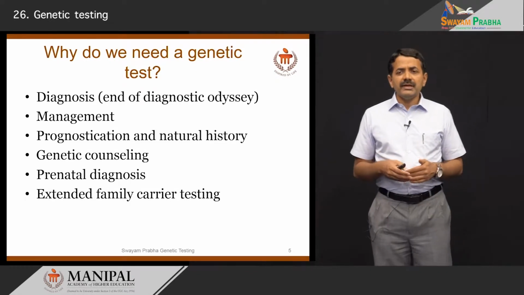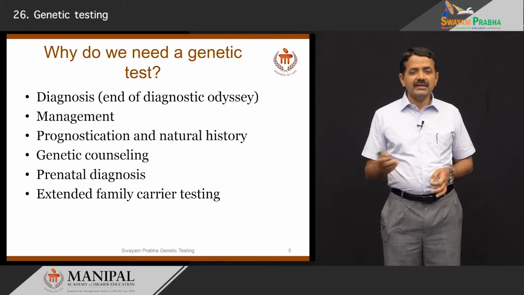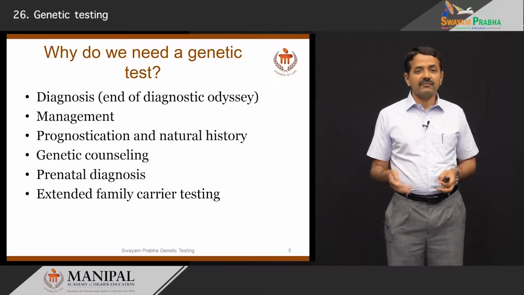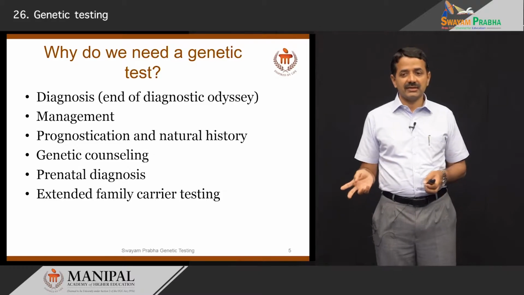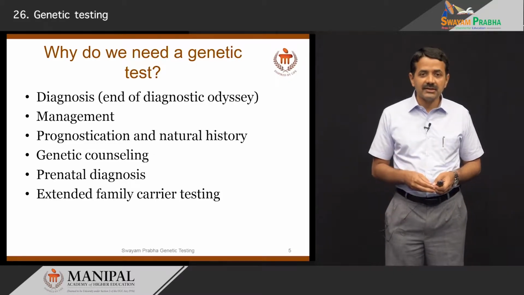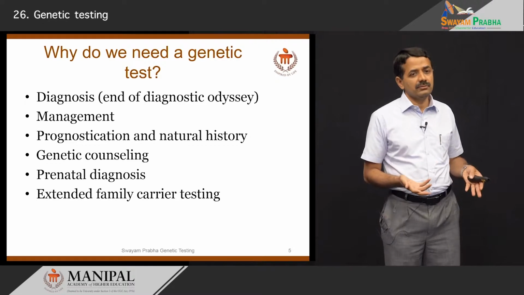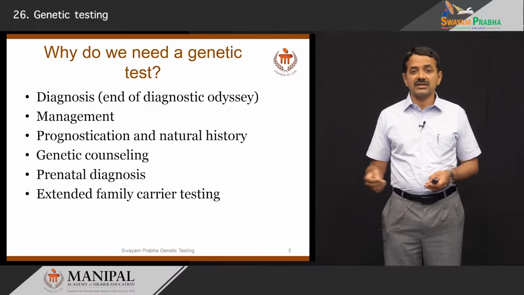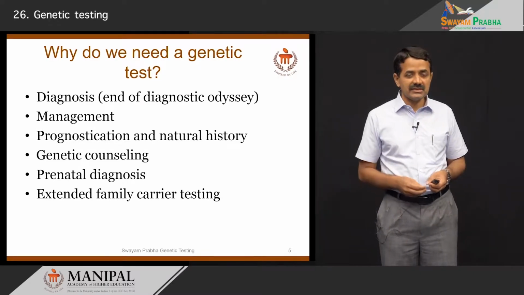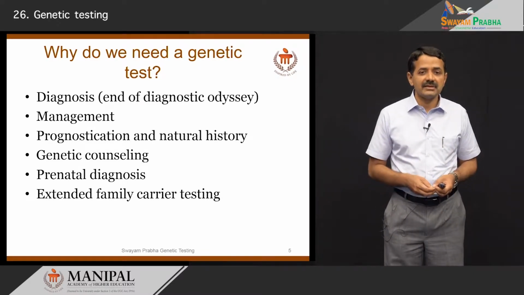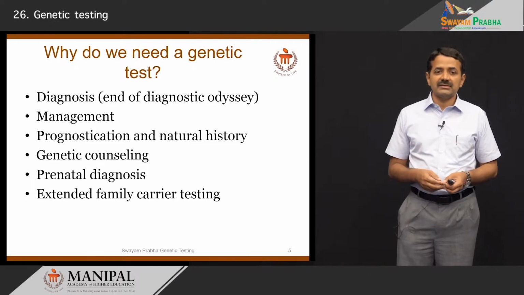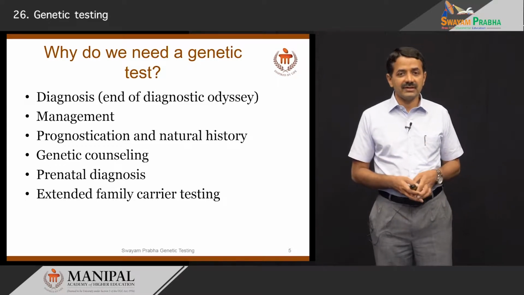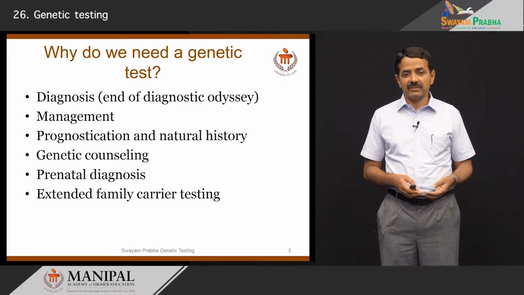Before we begin, why do we need a genetic test? Many times it is for diagnosis of a genetic disorder. Often they have been traditionally investigated by clinical evaluation or other tests, and then we might have to narrow down a diagnosis for better management, better prognostication and explaining the natural history of the disease. Genetic counseling tells about the risk of recurrence or occurrence, and how to handle a situation where there is a genetic disease in the family.